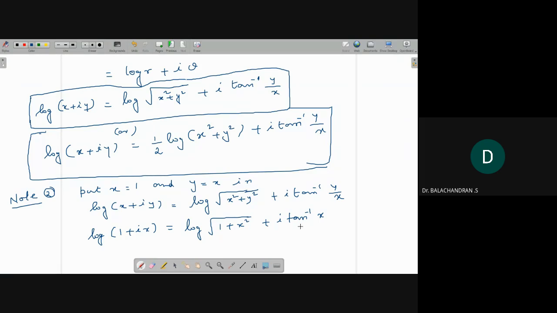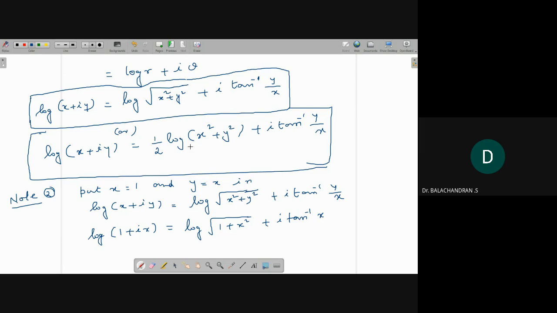So now I'm asking the imaginary part of log of 1 plus ix. That is tan inverse of x.